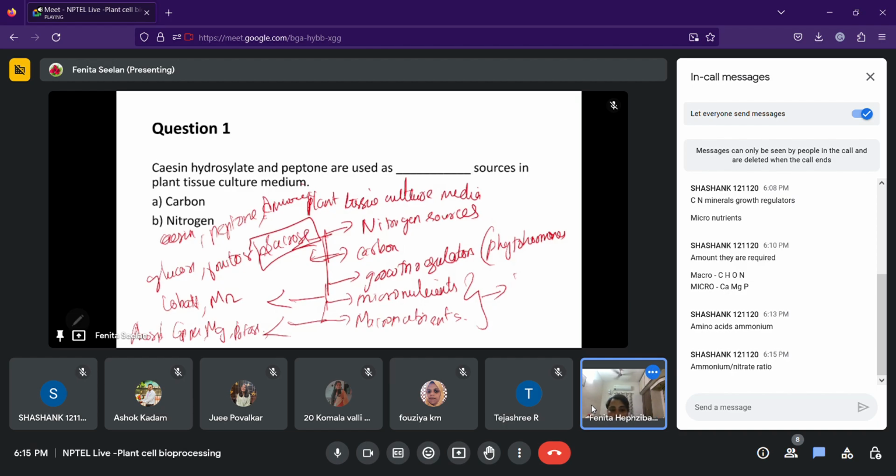So what was the reason for increasing or decreasing the ammonium to nitrate ratio? I think it was in the macro and micronutrients part, when the professor was talking about macro and micronutrients.